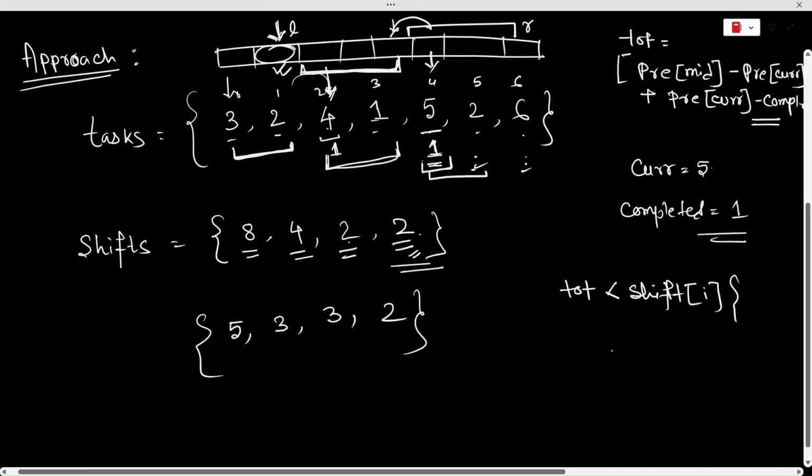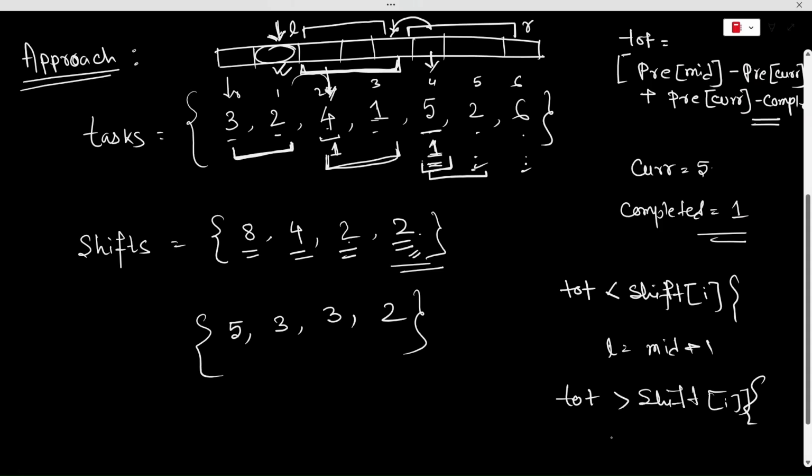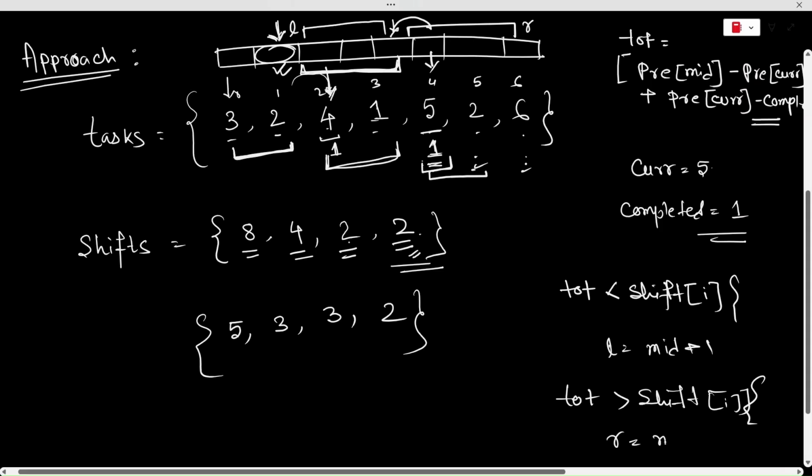So we can just do L equal to mid plus 1, right? Or if the total is greater than our shift size, then we need to shrink our range, right? Then our R will be mid minus 1.